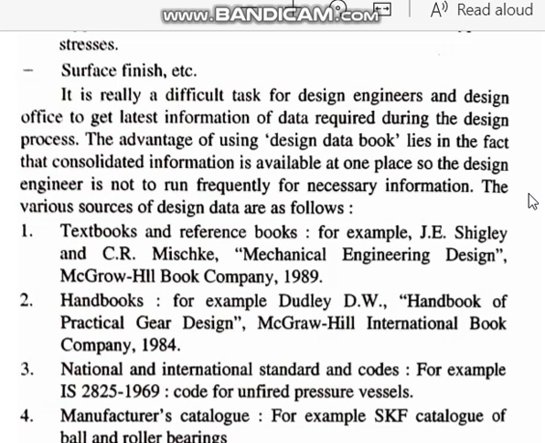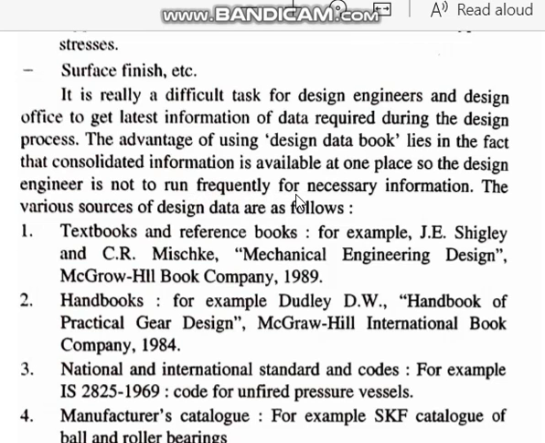So for this purpose, he has something called a design data book. This gives him an advantage, so that all the information that is necessary for him is consolidated in one place, and it is available to the design engineer, so that he need not be looking for information here and there every time.